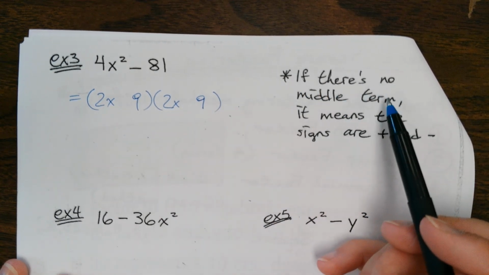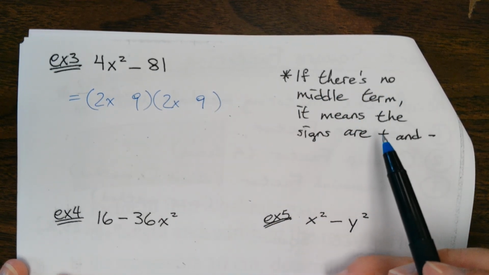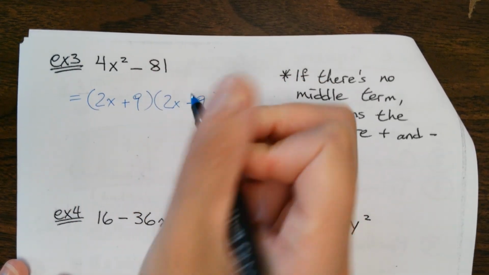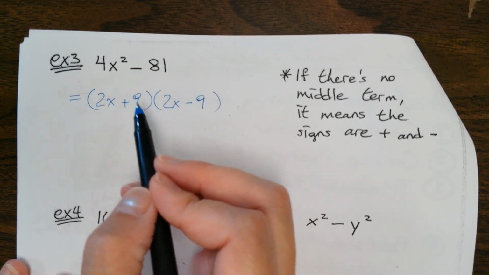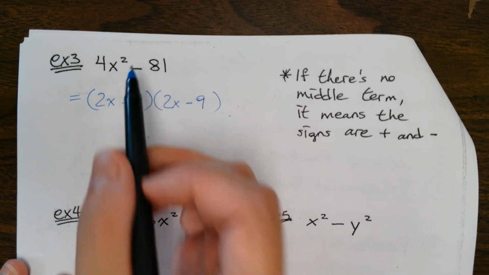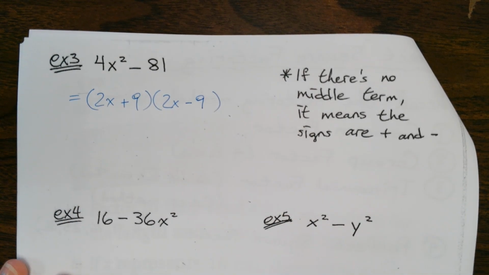If there's no middle term, it means that the signs are one plus, one minus. Because when we do FOIL, what happens to the middle term? It cancels out. So that's why there's no middle term. It's like the middle term has a value of 0. But if there is a middle term, it's always the same sign.